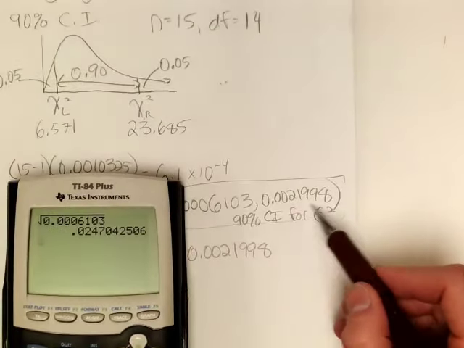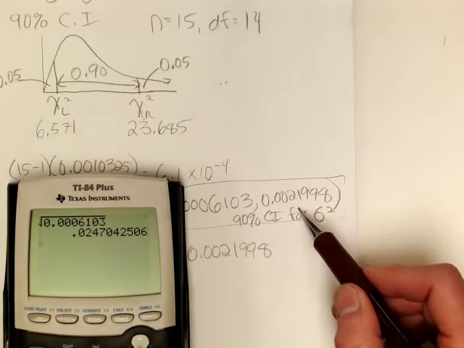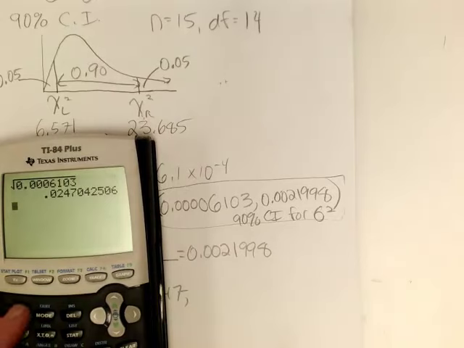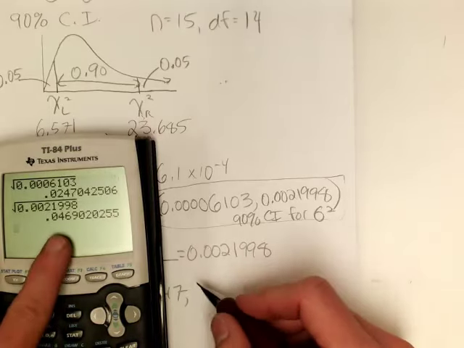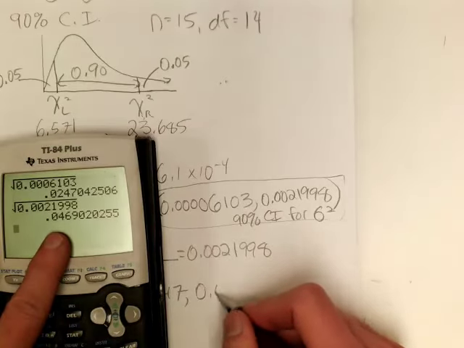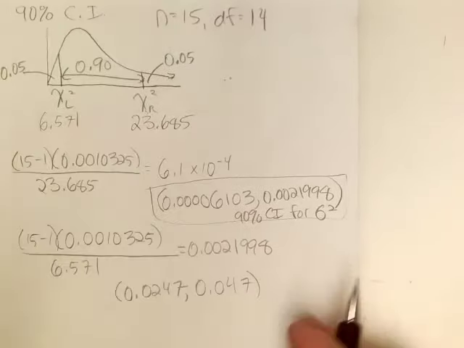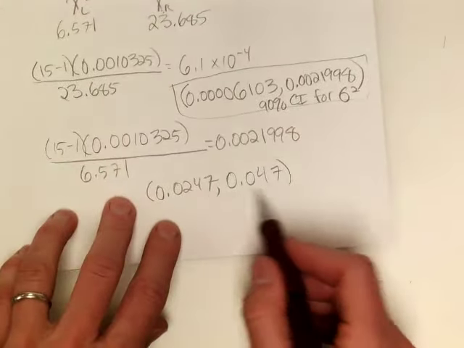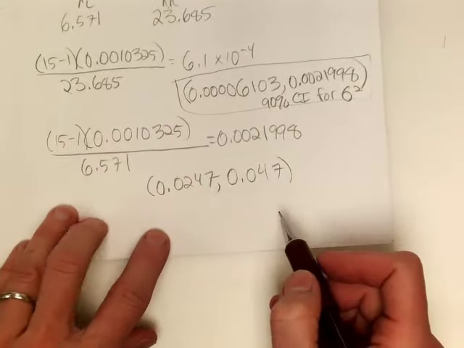And then for my upper endpoint, I want to take the square root of 0.00219998, which is up to about, and I'll round to 3 decimal places, 0.047. So here are my 2 endpoints for my confidence interval.